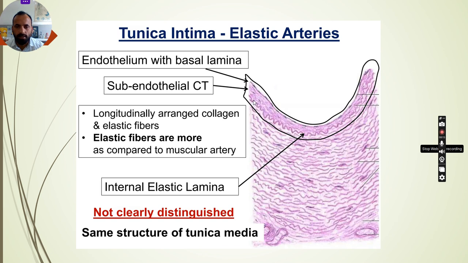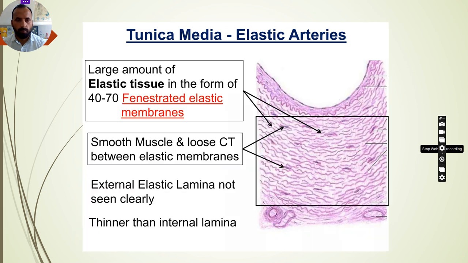So one cannot see the internal elastic lamina clearly. In the tunica media, you have a large amount of elastic fibers. You can see in this histological picture a lot of elastic fibers and a few smooth muscle cells. Because of this, you cannot differentiate the intima and the media.